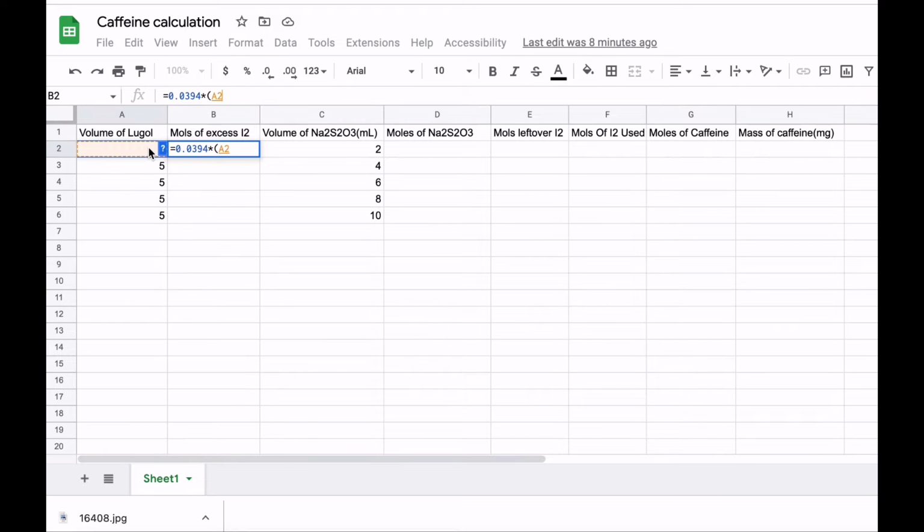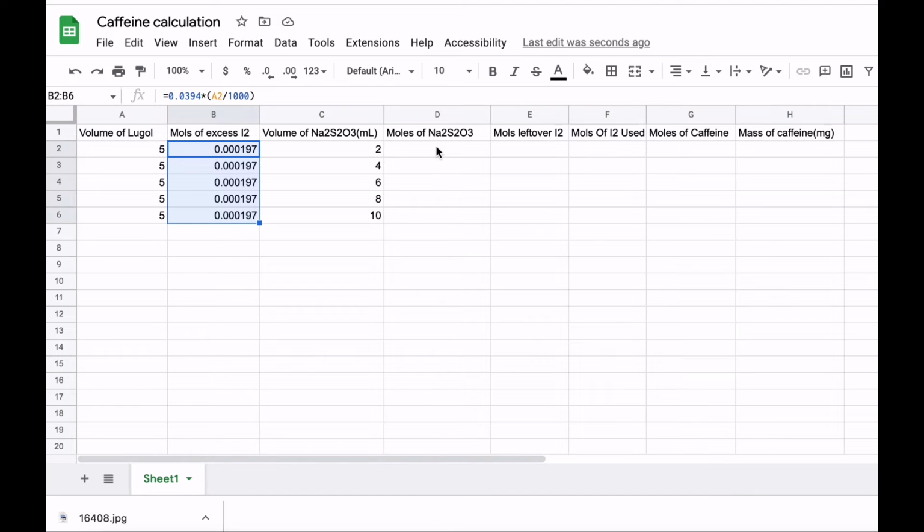So I'm just going to click 5 here, divided by 1000, and then enter. Okay, so this is going to give me the moles of iodine that we used, and it's the same every time because we use the same volume, right? Now we know the moles of iodine that were used.